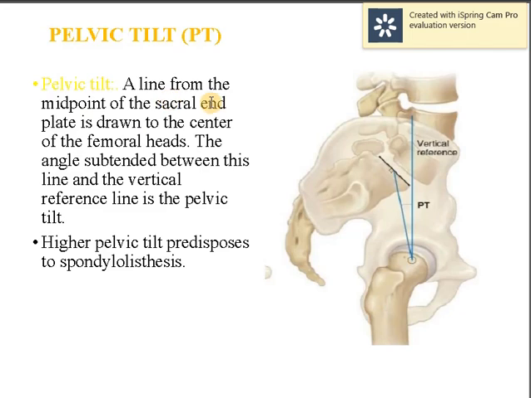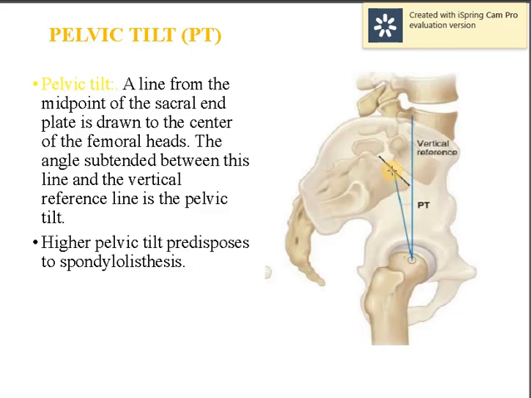Pelvic tilt: a line from the midpoint of the sacral end plate is drawn to the center of the femoral head. The angle subtended between this line and the vertical reference line is the pelvic tilt. Higher pelvic tilt predisposes to spondylolisthesis. So this is the vertical reference.